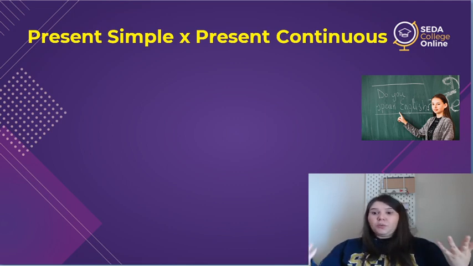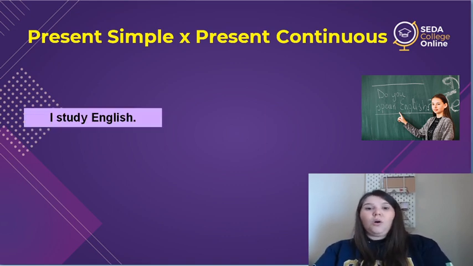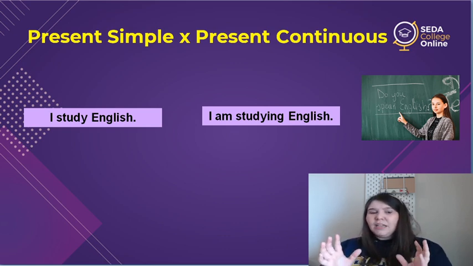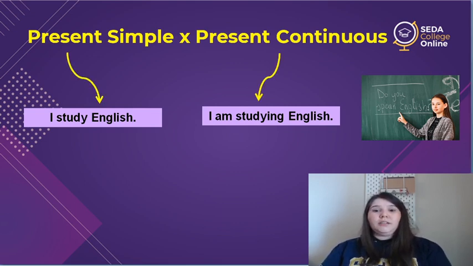Okay, so let's see some examples here. When I say I study English, or I am studying English, is there a difference between these two sentences, or are they the same? The first one is a present simple sentence, and the second one is a present continuous sentence.